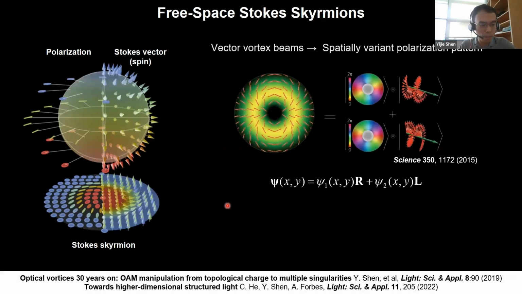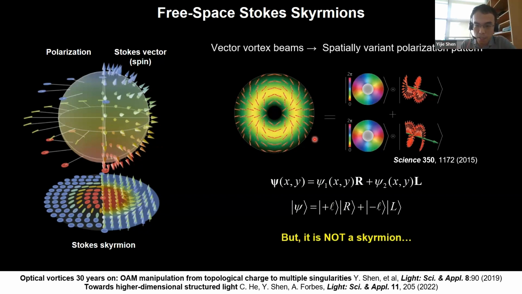This concept is similar to our recent hot topic of vector vortex beams. If we superpose two vortex beams with vortex phase and opposite polarization, RCP and LCP, we can get a spatially varying polarization pattern.